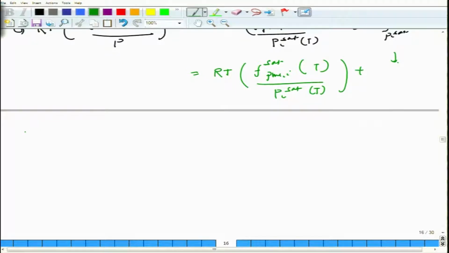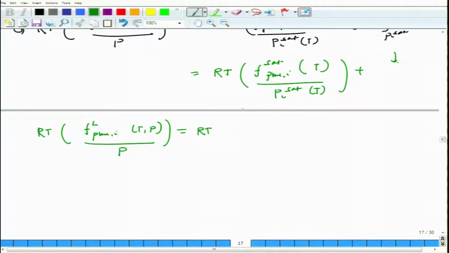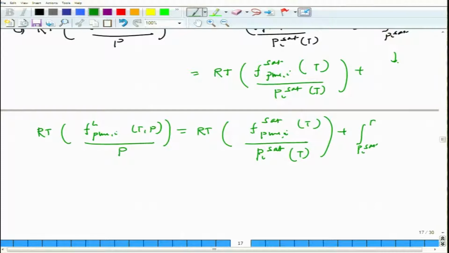Let me further simplify this. This is going to be RT ln of f_L pure i at T and P divided by P, which can now be broken into two parts: one due to the contribution from 0 to P sat, divided by P_i sat at T, plus the other contribution, which is the integral from P_i sat to P of V_i^L dP.